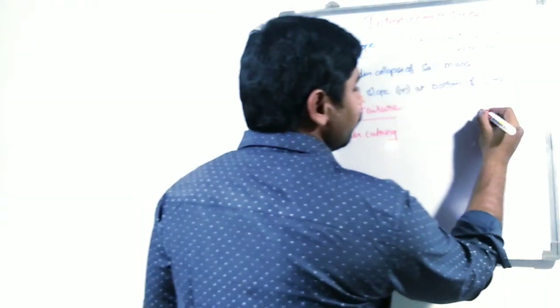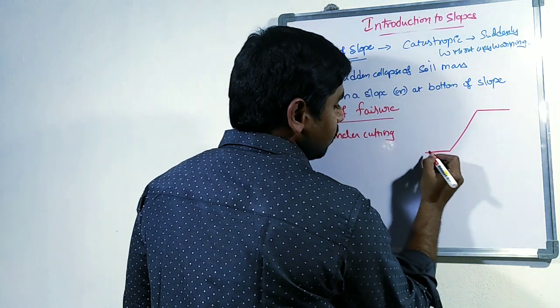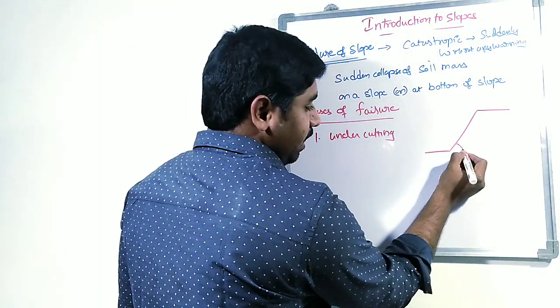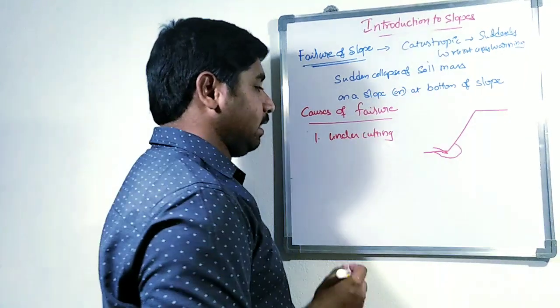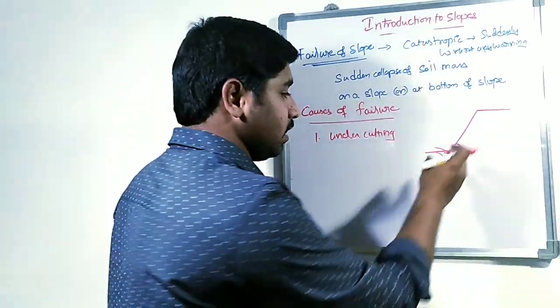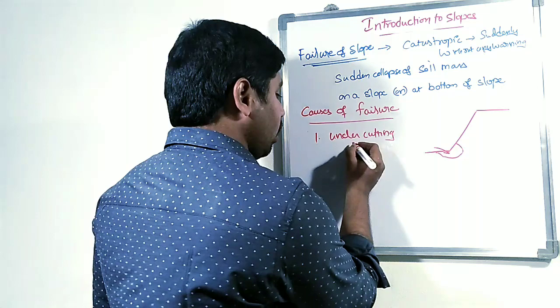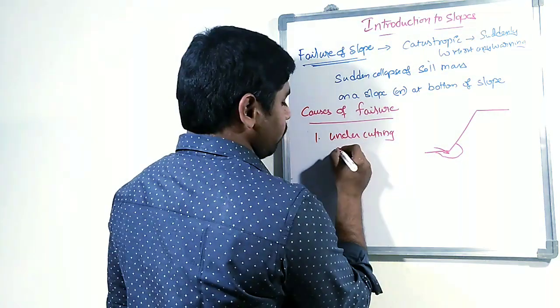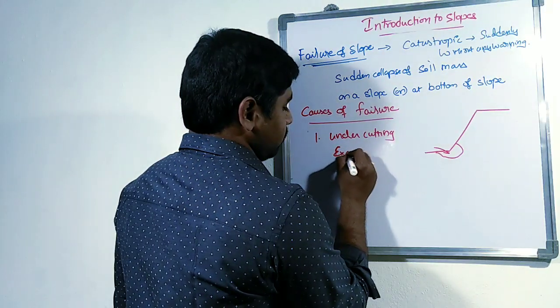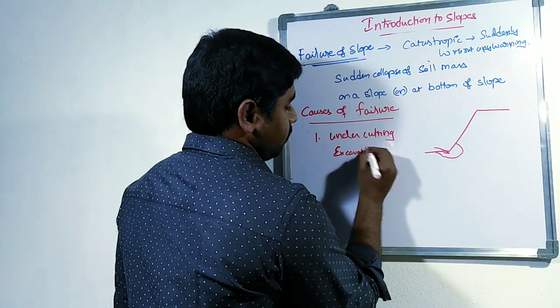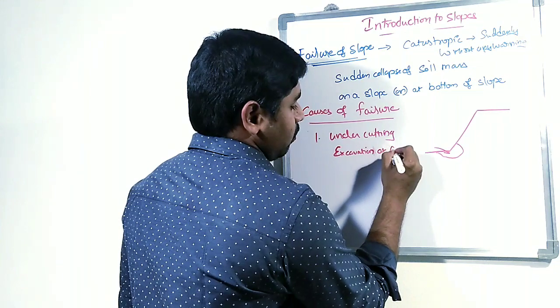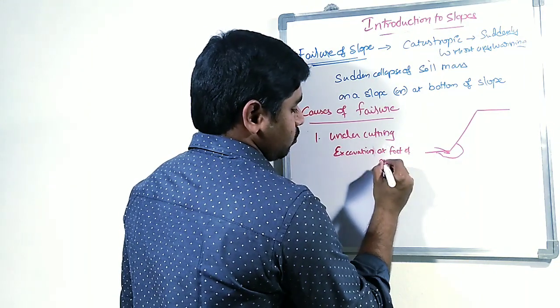Means if you are doing any excavation at the bottom of the slope, excavation or cutting is done at the foot of the hill, undercutting or excavation at the foot of the slope.